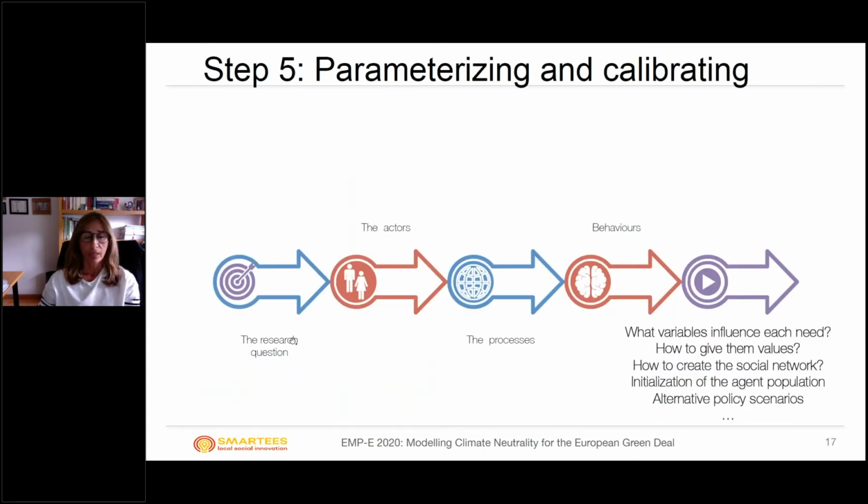In developing our model, there are many other details that must be taken into account in order to have a working model. Many issues that I don't have time to address in detail, but that are also very important. For example, one of the issues is how to give values to the variables that intervene in the model, and that we will do through data collected with surveys, with socio-demographic data, press reports, etc. Another important issue that we are now working on is to know what alternative policy scenarios could be defined, which are the parameters that define the different policies.